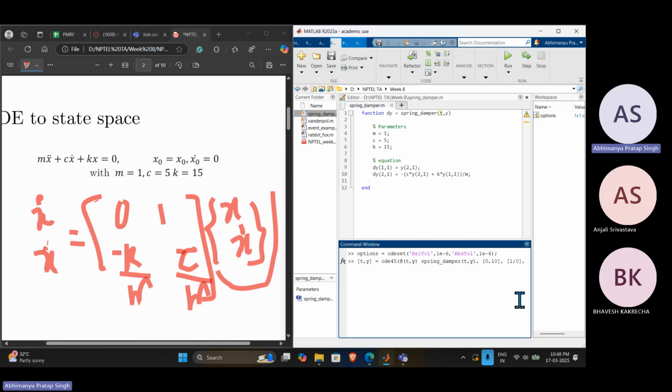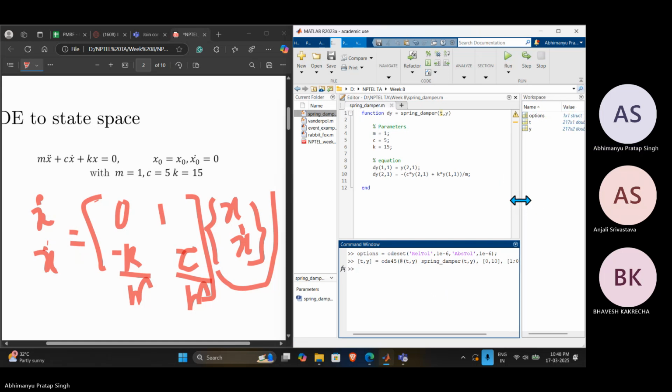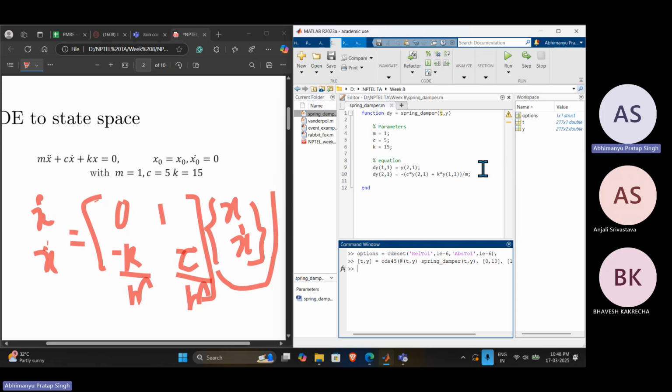Then the last one is the options, which in this case is just the tolerances. Okay, and this should give me, yeah, so I got 217 time values and 217 cross 2 as y. So the first one is position, the second one is velocity.